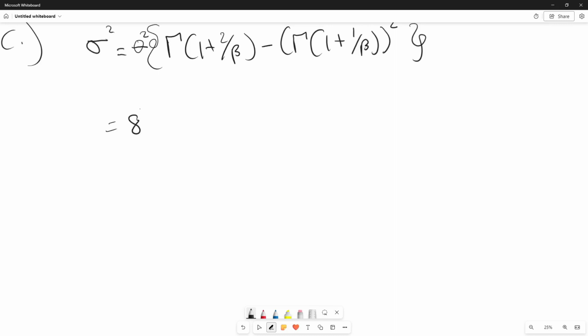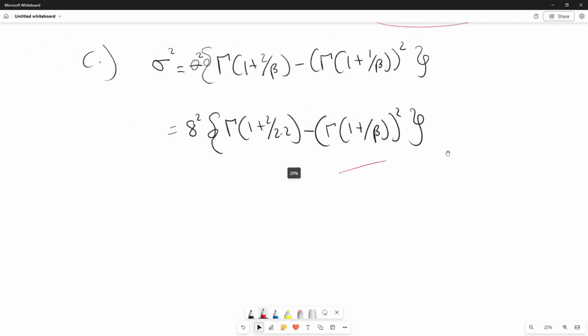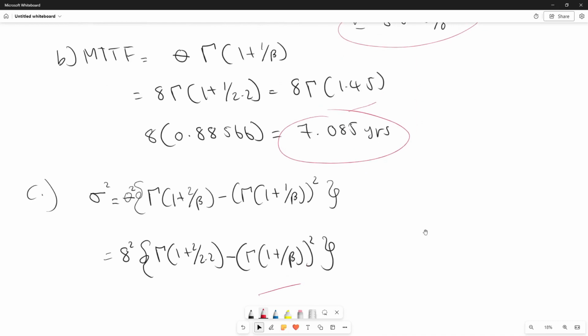So this is 8 squared times gamma function of 1 plus 2 over 2.2 minus gamma function of 1 plus 1 over 2.2, squared. Remember, we got this before, so we can just replace this with this.